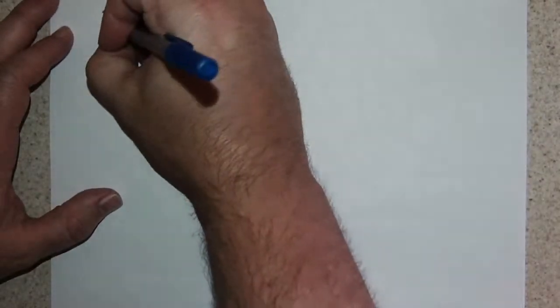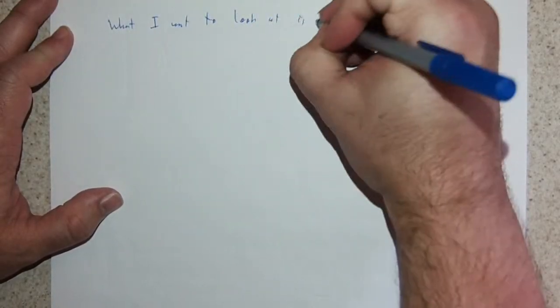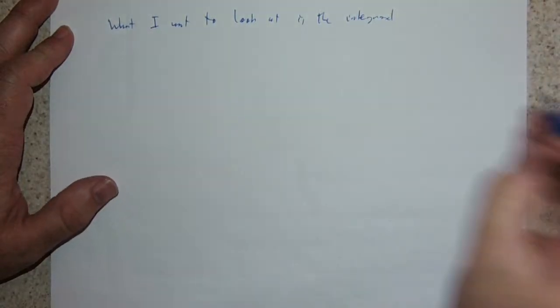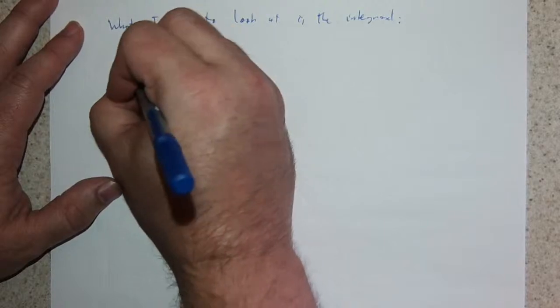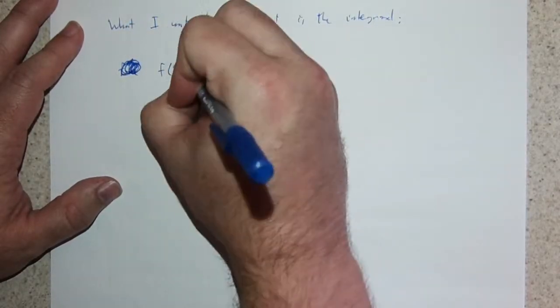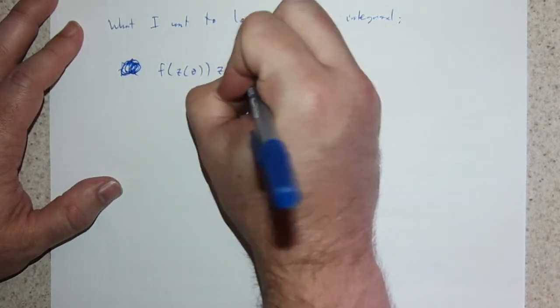And so what I want to look at is the integrand under the definition of contour integral. So I want to look at f of z of theta times z prime of theta.